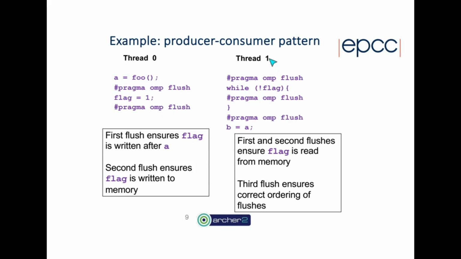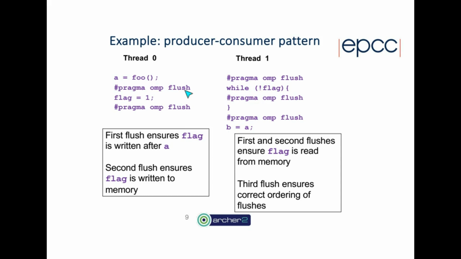Thread 1 has done its flush at some time in the past, but then observes flag to be true, and if it then went straight ahead and read A, we wouldn't have got the correct ordering of flushes. We wouldn't have had a flush in thread 1 after the corresponding flush in thread 0, which is what's required by the memory model.